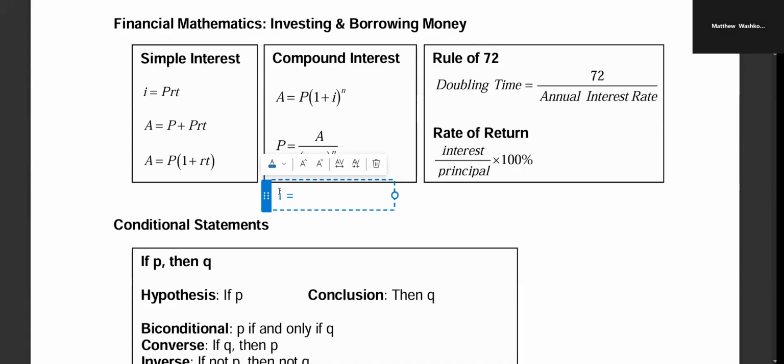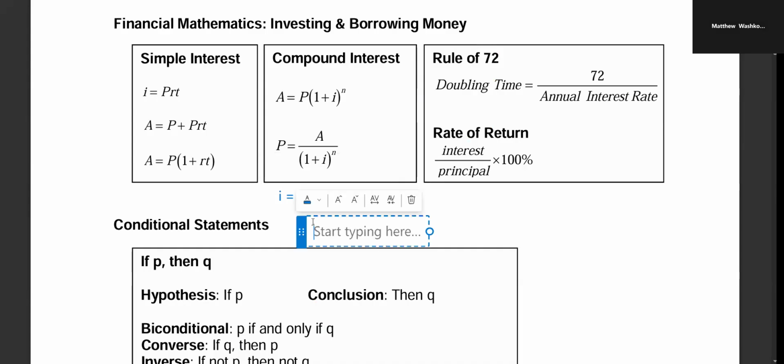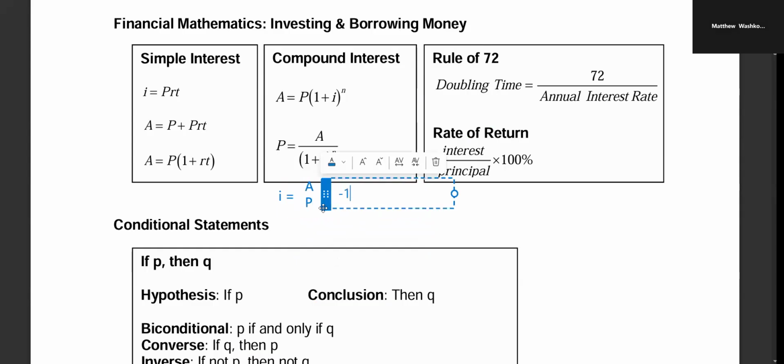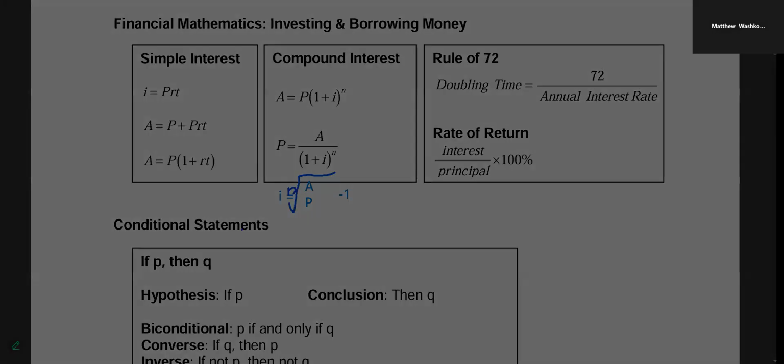I is equal to A divided by P. I'm going to have to do a little bit of MacGyver in here. Minus 1. Now this is all under a square root. The minus 1 is not, and this is to the power of the square root of n. So make sure you guys write that into your stuff here.